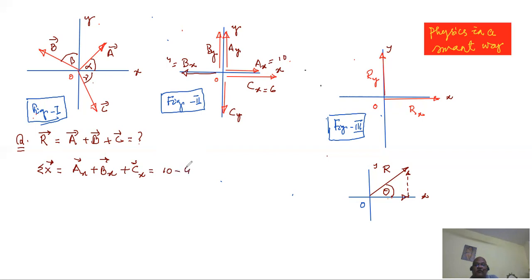I have to put it as -4. CX is towards the positive x direction, so I can take that as +6. In this way, you put down their magnitudes along with their directions. Whatever it comes to, you can call this sigma x.